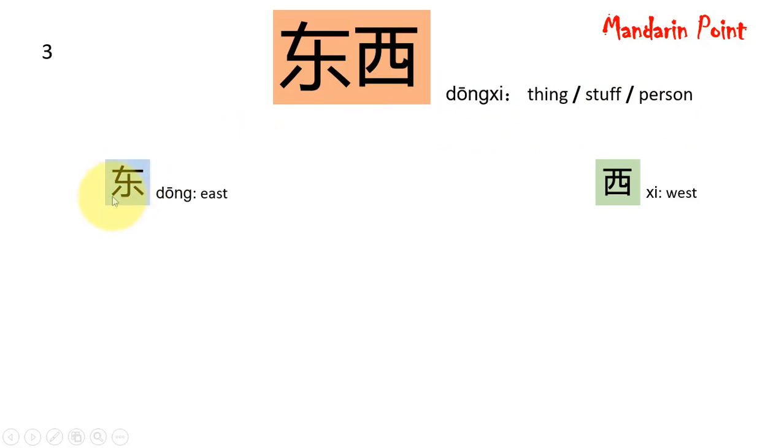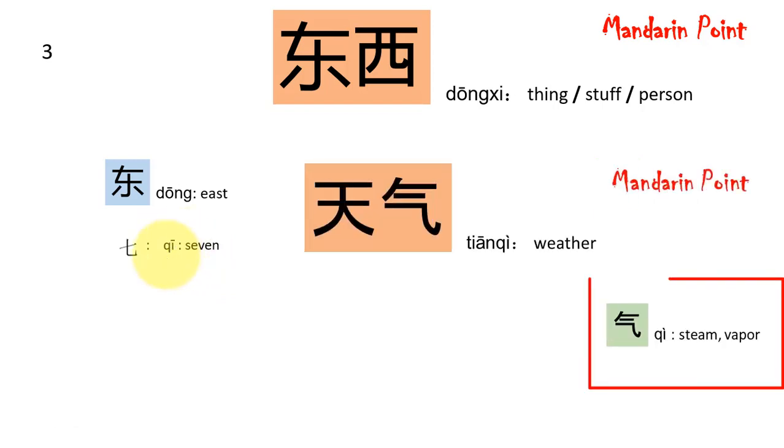We can decompose this dong further. At the top of it we have this qi, which means 7. You can notice that this qi has the first tone, while we just studied another qi in tian qi, which means weather. Both of the characters have similar pinyin, but both have different characters as well as different tones.